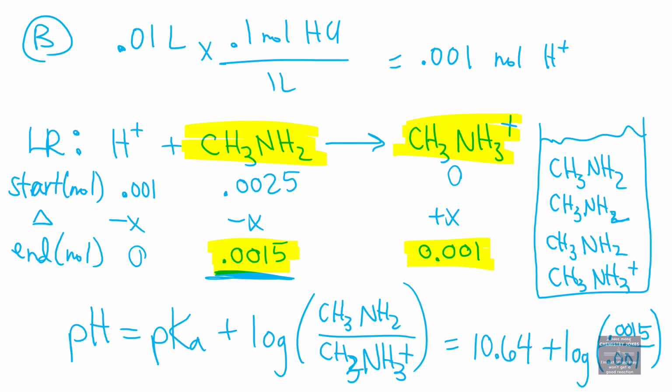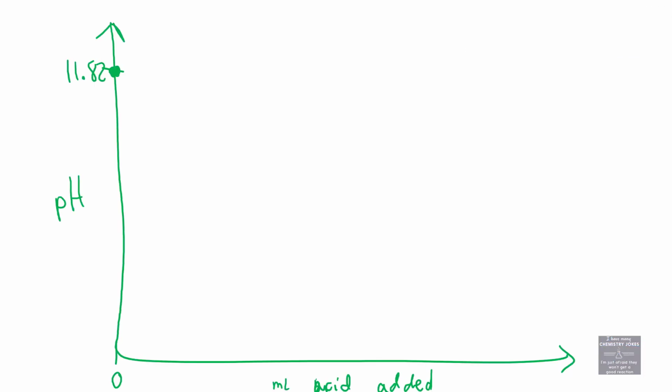My pH should definitely come down after I add strong acid, and I get pH equals 10.82.